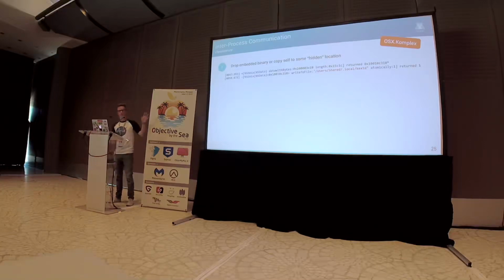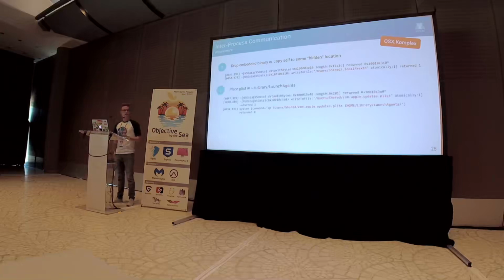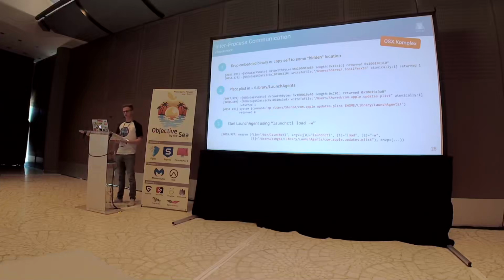By the way, these logs are taken from the analyzer directly, so these are some more examples of how it looks. Then they will place the property list definition of the launch agent in the specific folders for launch agents or launch daemons. And finally, they will start and load the launch agent using launchctl, usually using load -w.